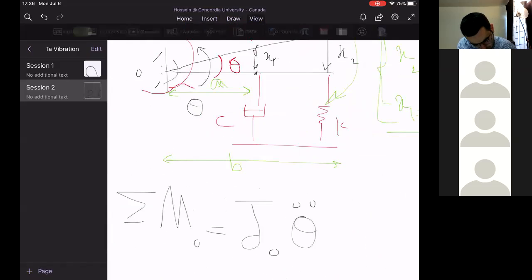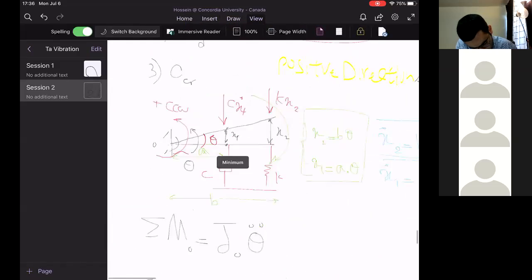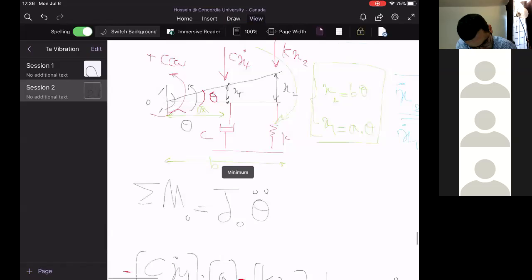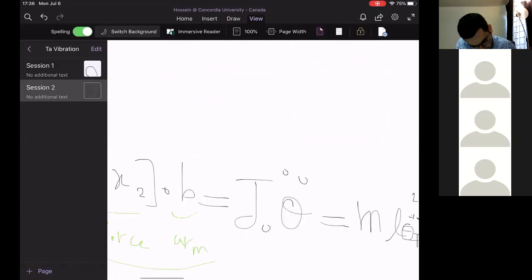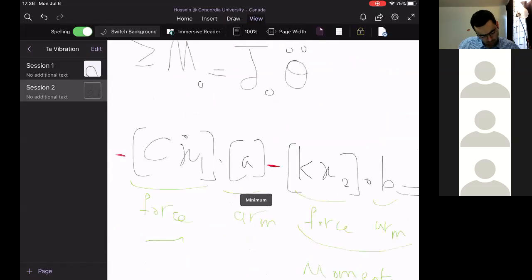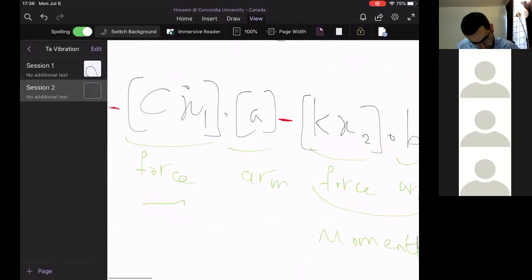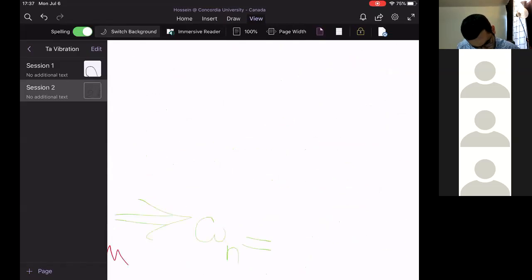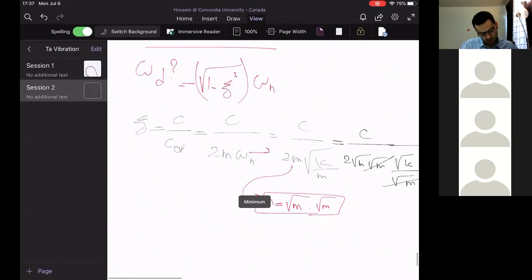View. So I will take care of this in the next session.